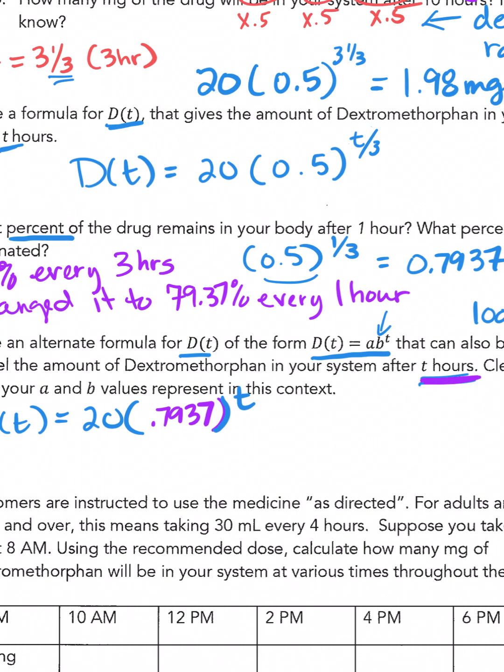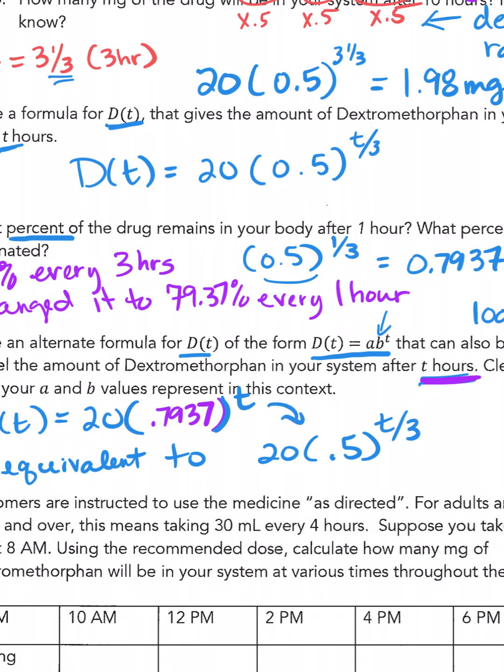No, they're the same end result. Think about it, okay? This is equivalent to 0.5 to the t divided by 3. These things are the same, okay?